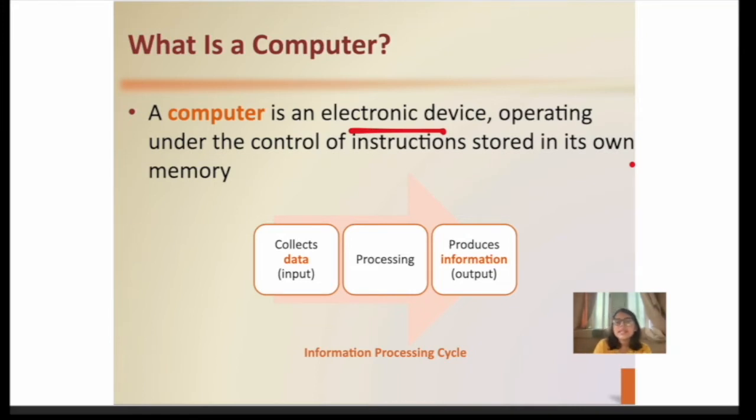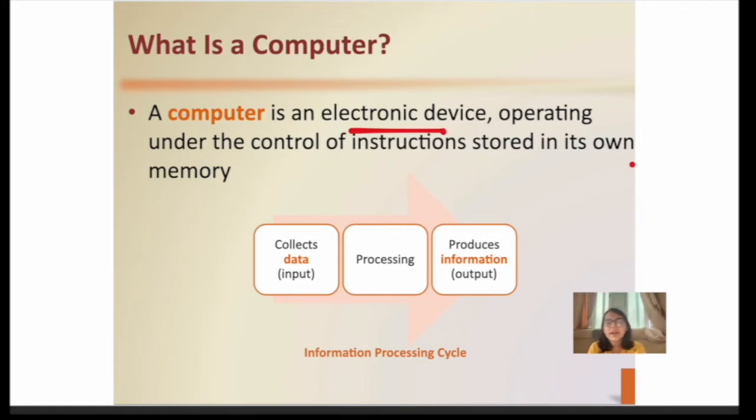And here you can see the information processing cycle of a computer. It actually collects the data. How does it collect the data, students? With the help of input devices. What are the input devices? Input devices, for example, are a computer keyboard and computer mouse.